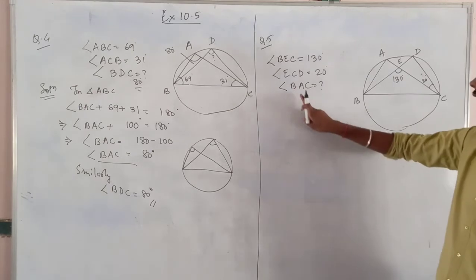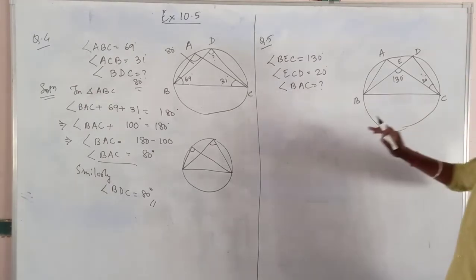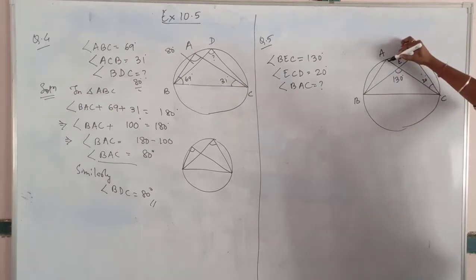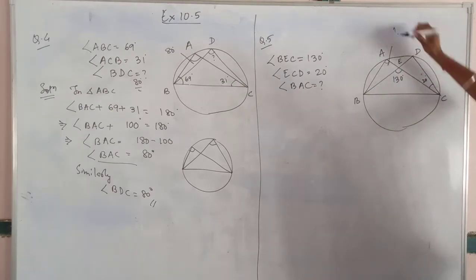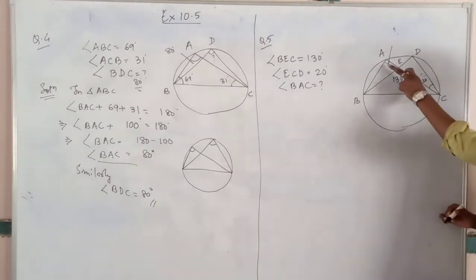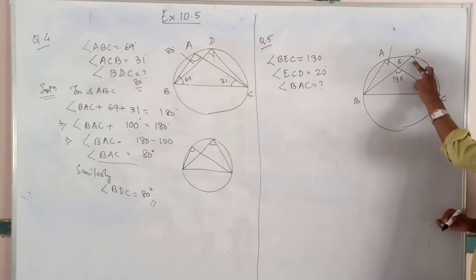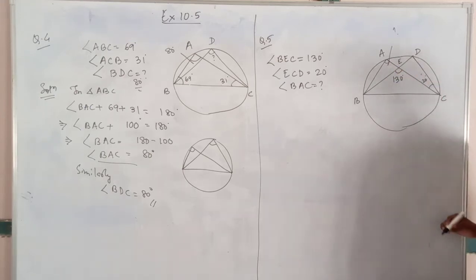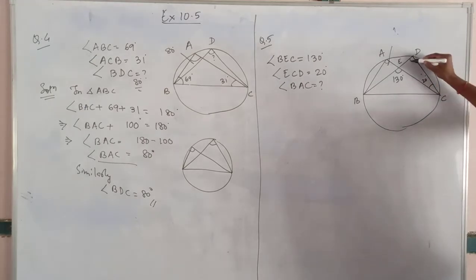We have to find angle BAC. If we are able to find angle BDC, we can conversely say that both the angles are the same. So instead of finding this angle, let us find this angle.